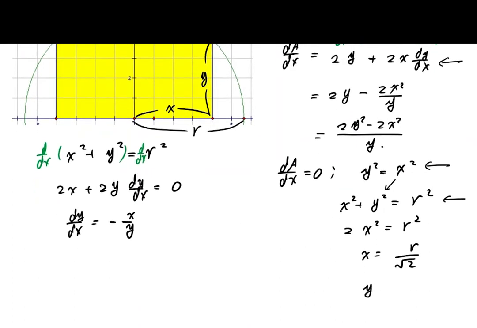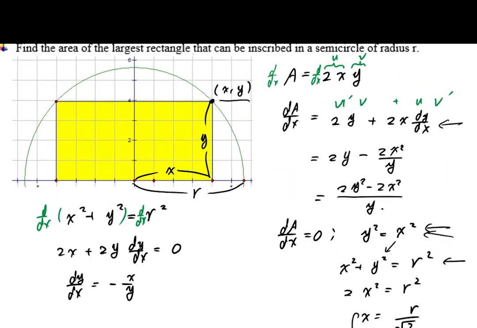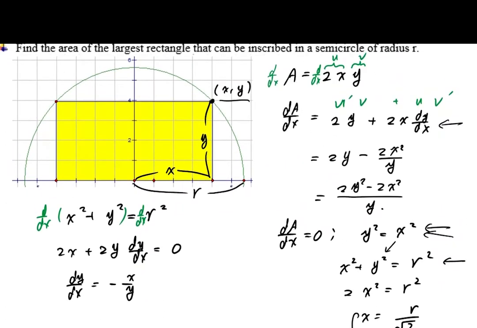Then your y, looking at this equation right there, should be the same thing, positive only this time, and your maximum area is 2 times x times y. That's r squared. Now, are you surprised by that answer? Does that look like r squared to you?